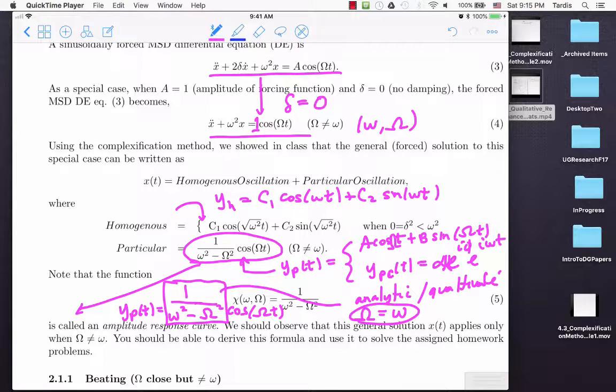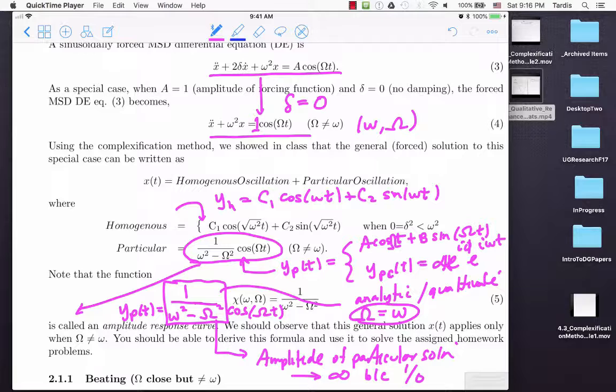If the two frequencies are equal, then this term in the box, which is the amplitude of the particular solution, is going to go to infinity because you get the division by 0.